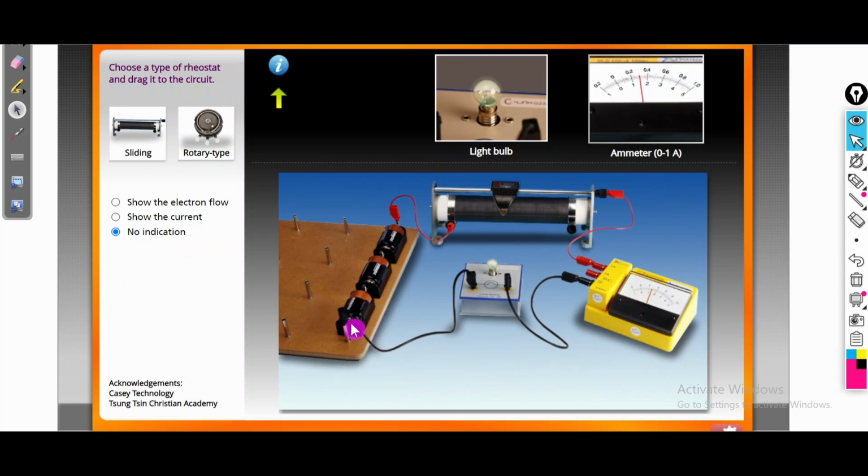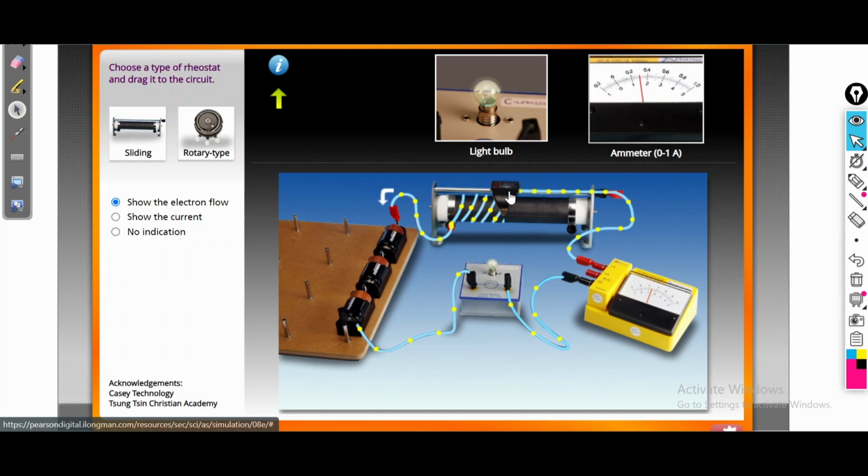One side of this battery is connected to this conductor. I'm going to mention the flow of charges here. We have this potentiometer, and one side of the battery is connected to this contact.